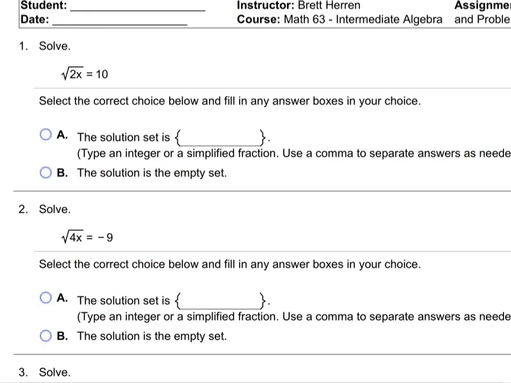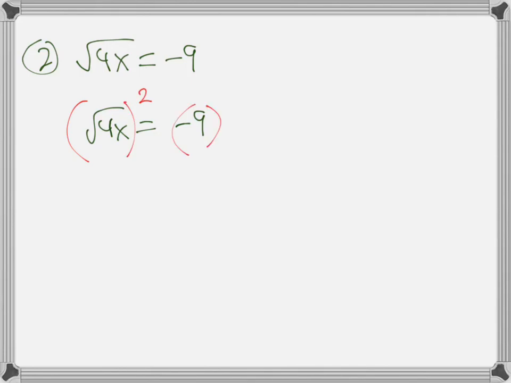Square root of 4x is -9. Okay, so number 2, square root of 4x is -9. So try that one. Got to get rid of that root. So you want to go ahead and use parentheses on both sides. It'll be helpful to make sure you do what's right that way. So parenthesis 2 power the left and parenthesis 2 power the right.